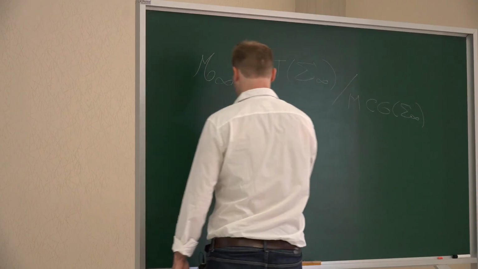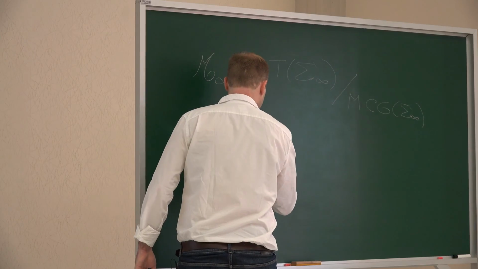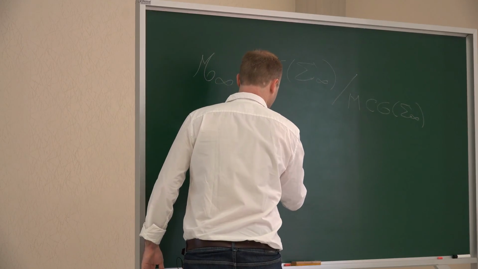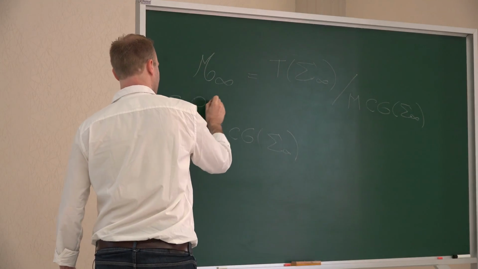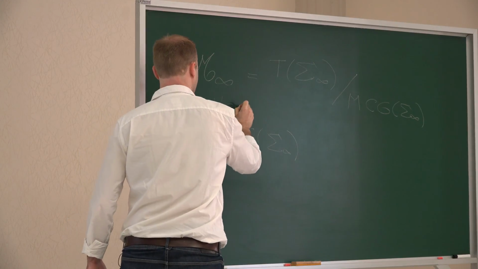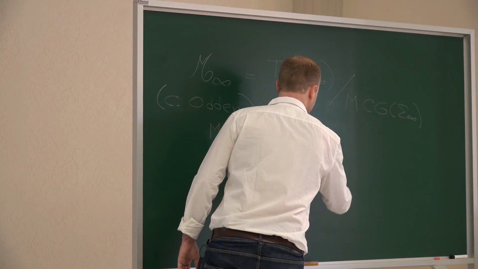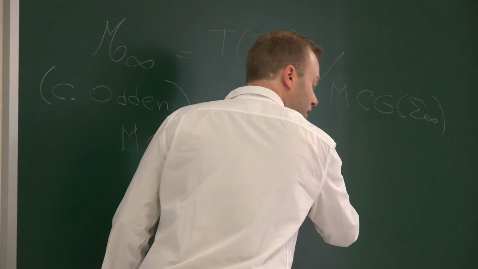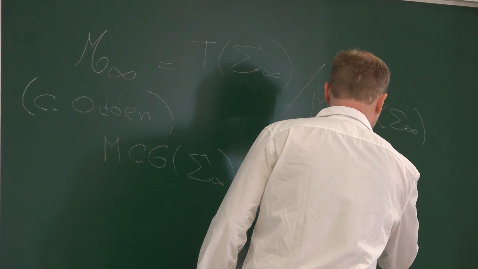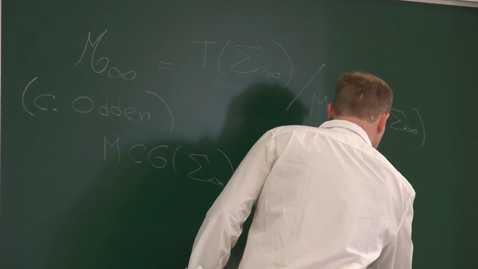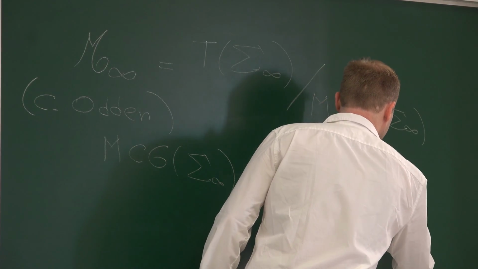And the very interesting thing here about the mapping class group, this is a theorem of Chris Odden, is that it is isomorphic to the group of virtual automorphisms of the fundamental group of the surface.